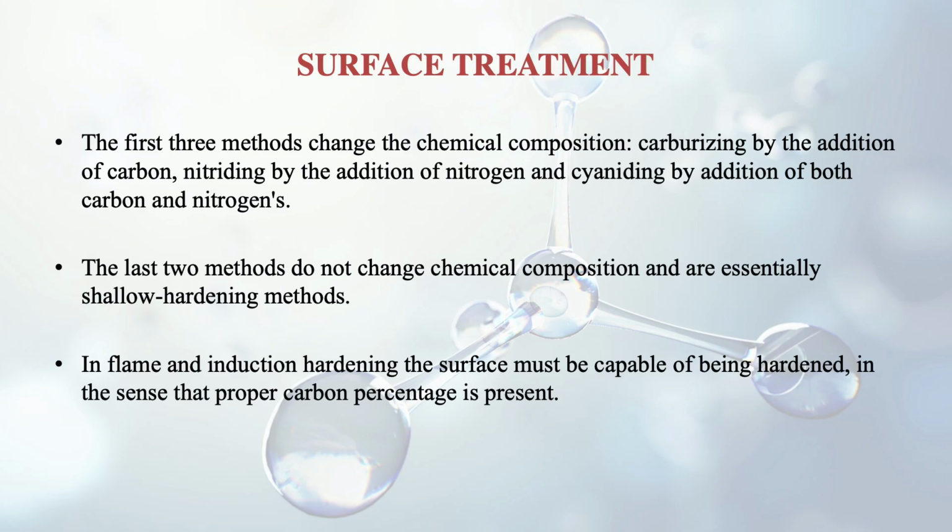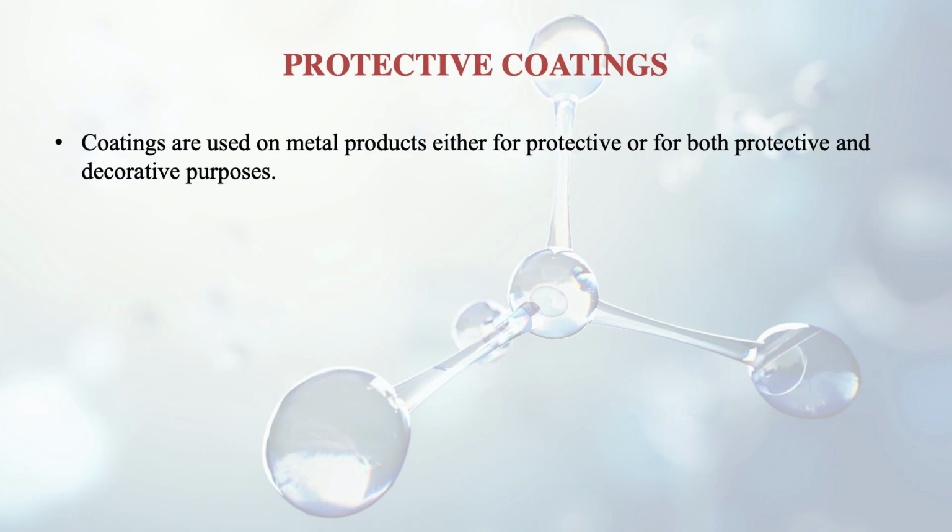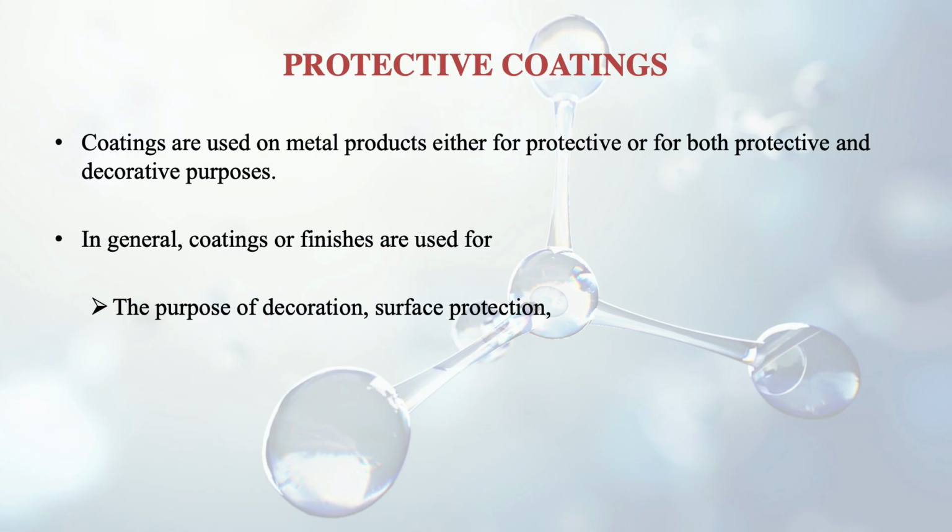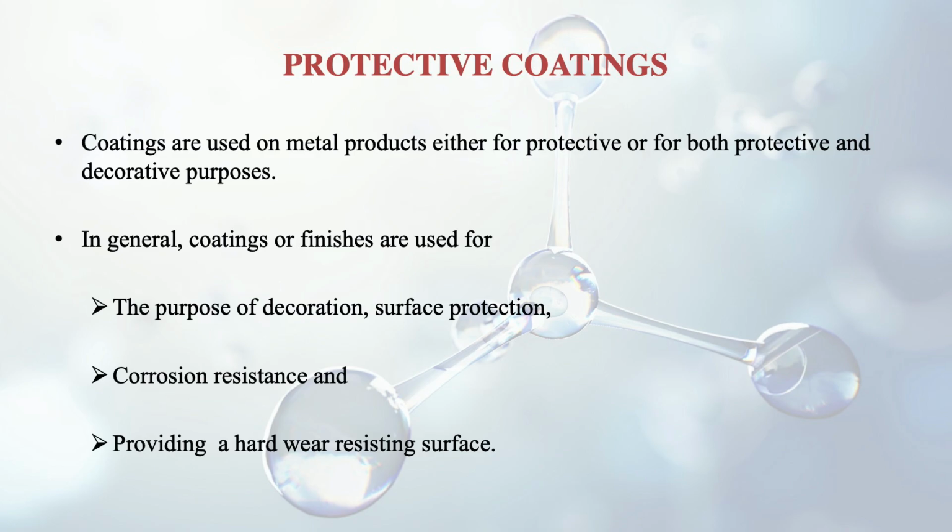So what are coatings? Coatings are used on metal products for protective purposes, or for both protective as well as decorative purposes. In general, coatings or finishes are used for decoration or surface protection, for corrosion resistance, and also for providing hard, wear resisting surfaces.